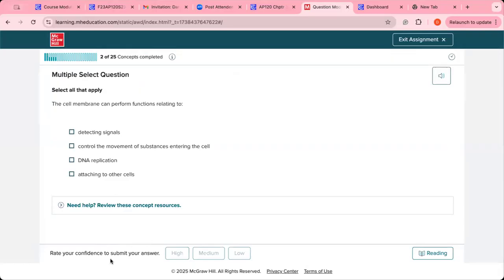The cell membrane can perform functions relating to, okay, so we have to select all that apply. So go ahead and review it.